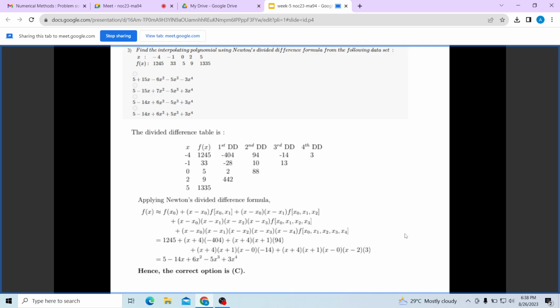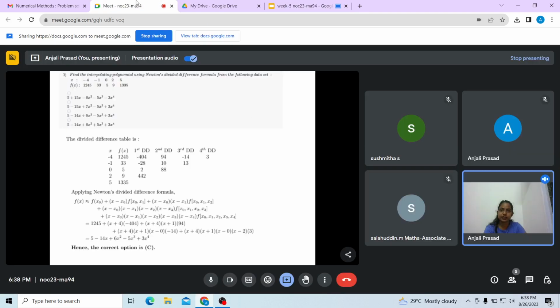So we'll get this equation and simplify it. See, are you getting option C, that is the polynomial as 5 minus 14x plus 6x square minus 5x cube plus 3x4. Simplify it. If you have any doubt, in the simplification or any of the steps? So tell me.